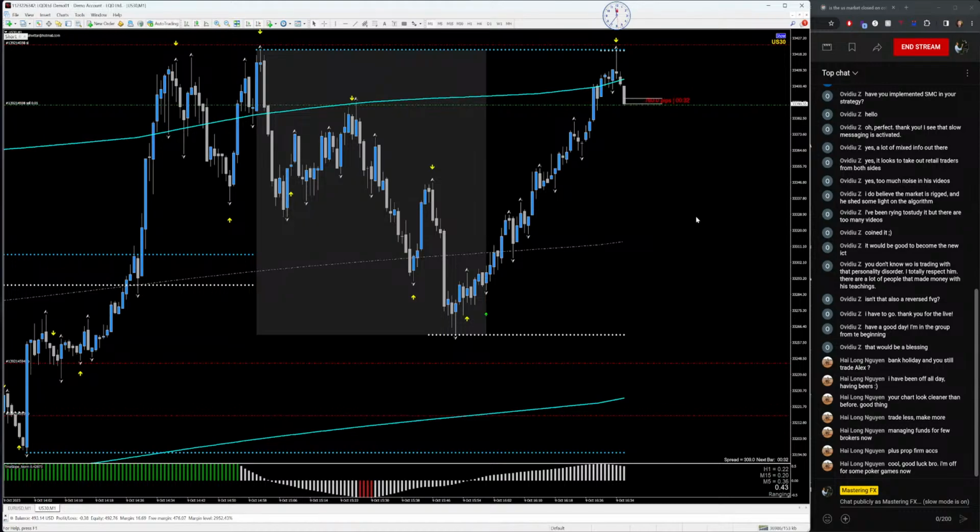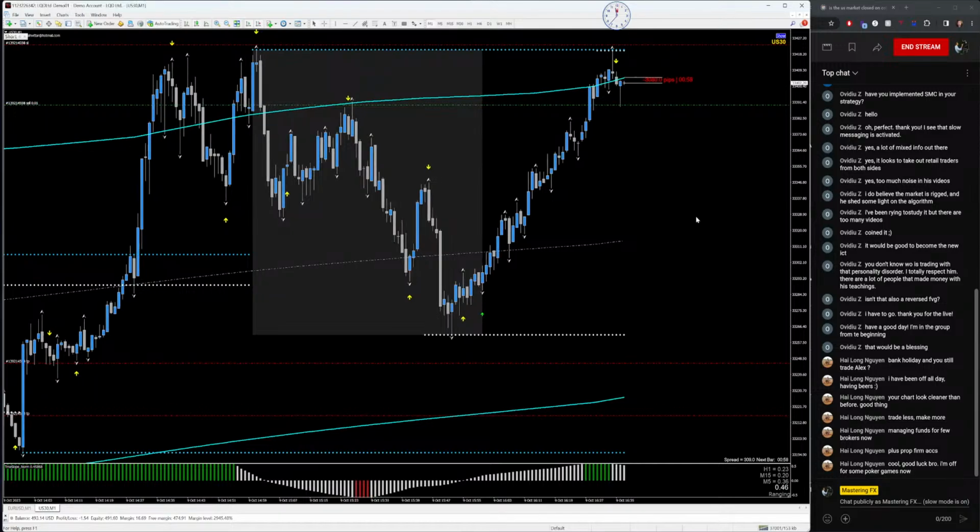Even if I do hit a stop loss, that's fine. Overall, I have way more profit on a winning trade than I have a loss on a losing trade. So that alone sets me up for profitability in the long run. I would say this strategy has a win rate of somewhere between 70 to 80%, and if you have an average risk reward, I want to say 1 to 5, and you have a 70% win rate, that's very profitable.